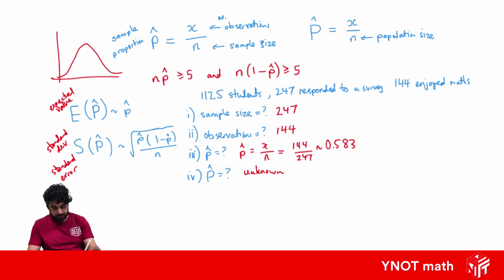Next, we're after the expected value of the population proportion. And we know that approximately equals the value of p hat, our sample proportion, and that's just going to equal 0.583.